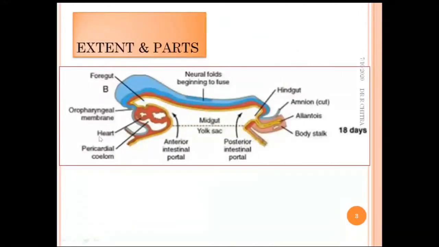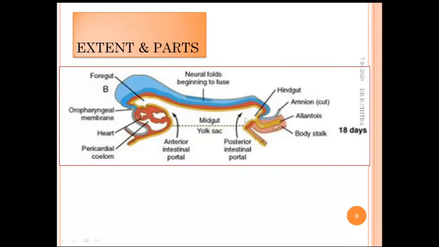So the primitive gut extends in the median plane from the buccopharyngeal membrane at the cephalic end to the cloacal membrane at the caudal end. And it is divided into three parts: foregut, midgut, and the hindgut. The foregut is the part which is contained within the cephalic folding of the embryo, and the communication between the foregut and the midgut will be called the anterior intestinal portal.